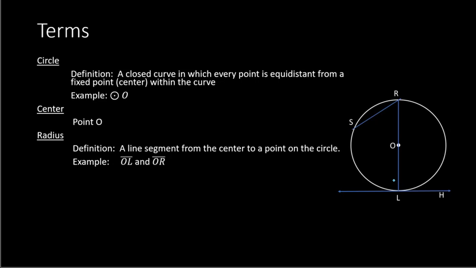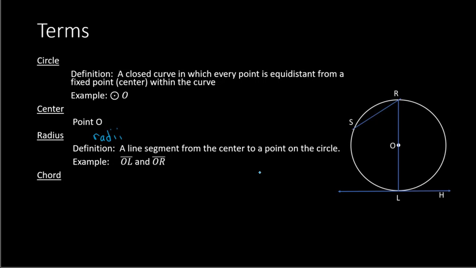By the way, the plural of radius is radii, R-A-D-I-I. So OL and OR are two different radii of the circle.